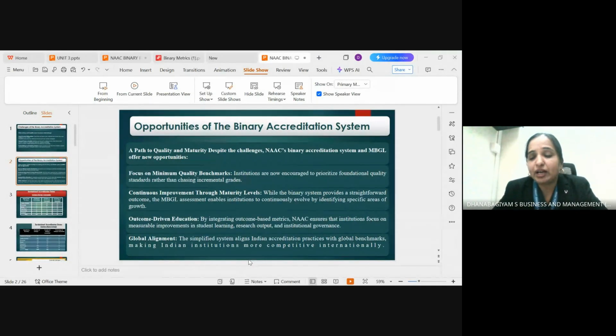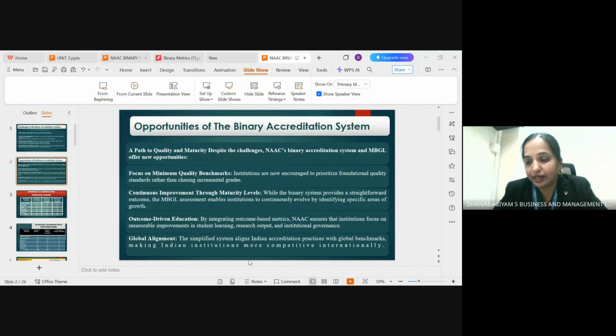In binary accreditation, we don't have that process. To avoid unfair practices and make it highly effective and transparent, this transformation has happened.